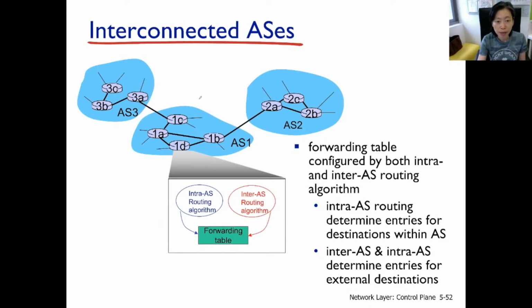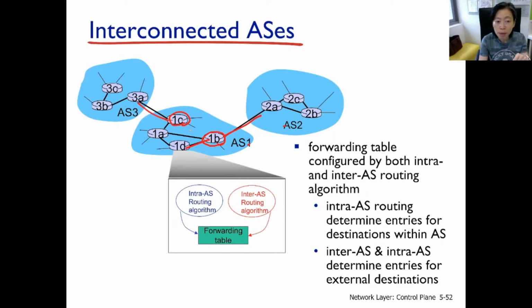So we do have 3 ASs: 1 here, 2 here, and 3 here. You see individual routers interconnected within one AS. There are 3 here for AS2 and 3 more here for AS3. Now, AS1, 2, 3 each could run its own intra-AS routing, but you see 1B and 1C both have links internally as well as externally.